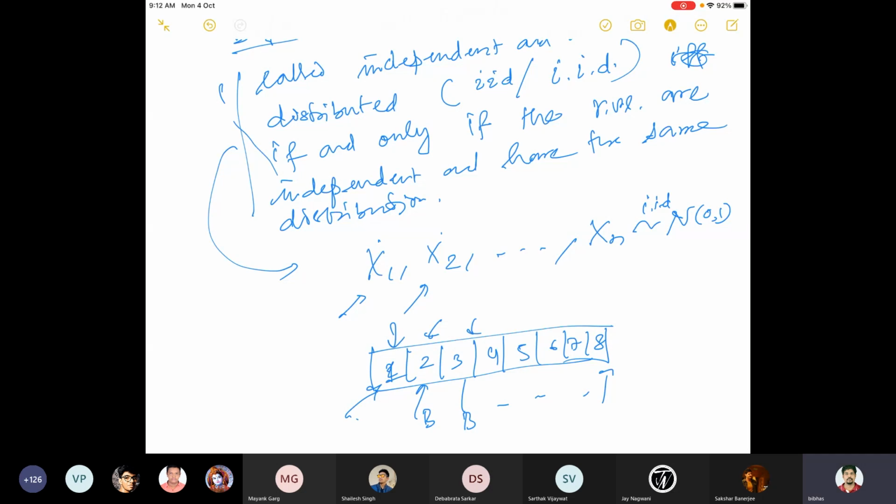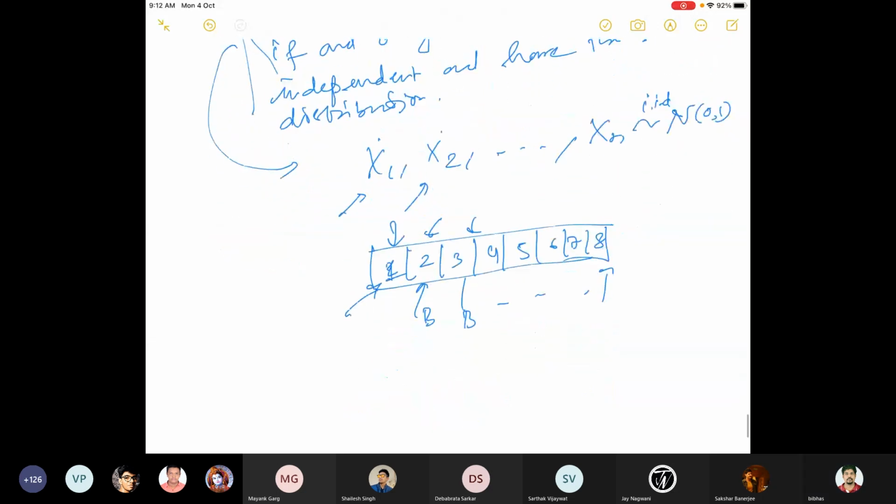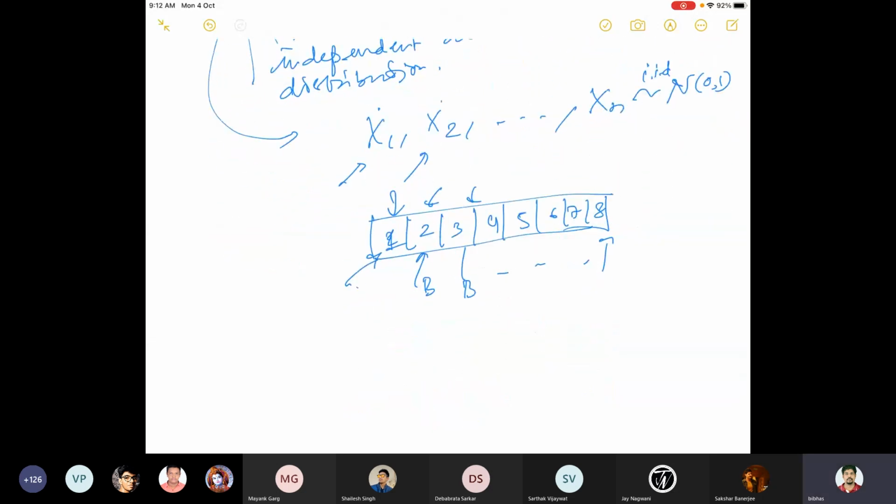So this is actually a sequence of IID Bernoulli variables. They have the same distribution and they are all independent. So this is an example. This will be used frequently.